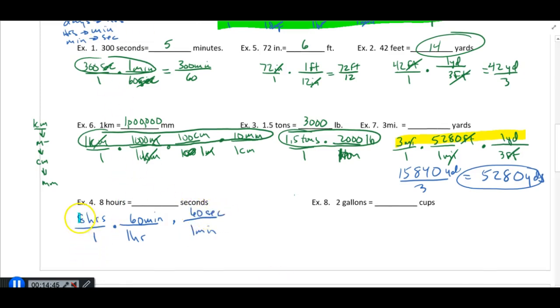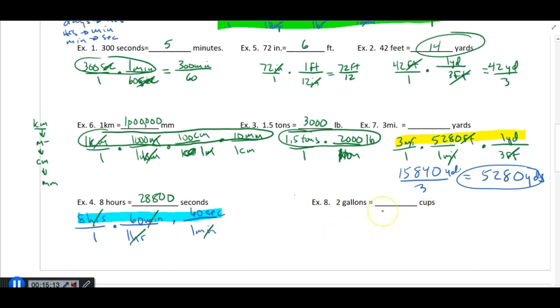So now, when I multiply these numerators together, I'm going to get 8 times 60 times 60, which gives you 28,800 seconds. Because when you divide it by 1, that's what you get. If you look here, hours cancel out, minutes cancel out, I'm left with seconds.